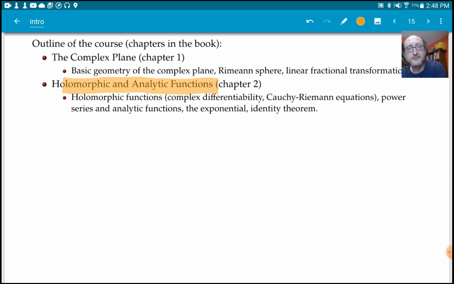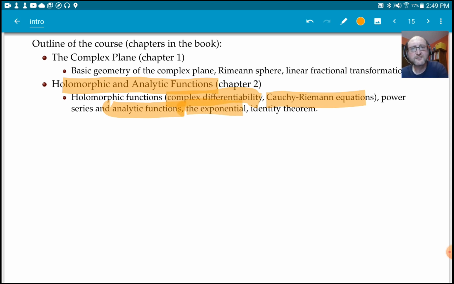Holomorphic functions are ones where you have the complex derivative, or another way of looking at it is they are functions that satisfy a certain partial differential equation or system of equations, depending on how you look at it. On the other hand, analytic functions are ones that converge to power series, right? So those are analytic functions.